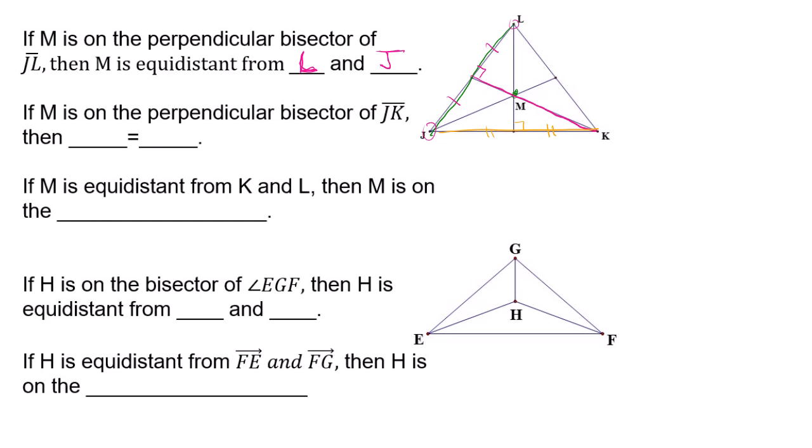Well, there's a few things we could say here, right? But I think what they're getting at is we want these to be the same, right? Because it's equidistant from those points. And so JM, and since they have an equal sign, I'm just going to use the length, so without the segment symbol. So JM equals MK.